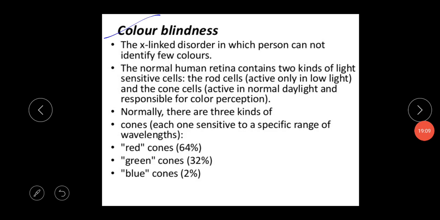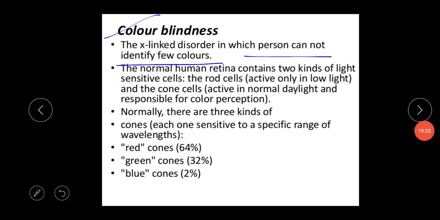In this disease the person cannot identify a few colors. It does not mean not seeing any color at all, but in fact it leads to a failure in discrimination between the red and green color. So patients of color blindness cannot separate the red and green color.